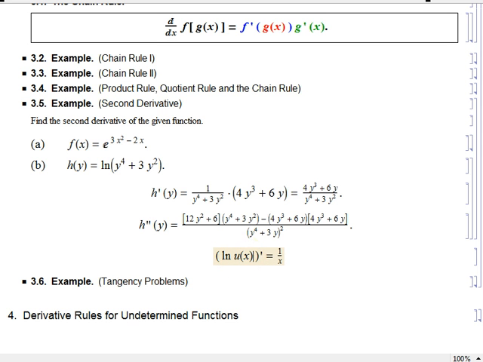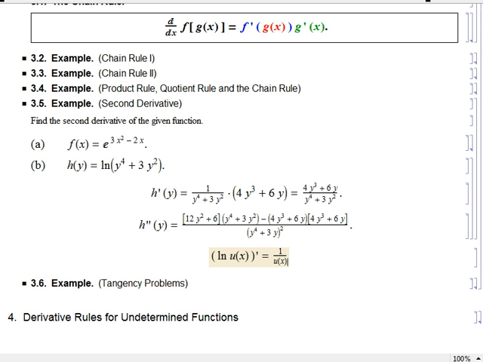If you have the derivative of log of u as a composite function, then we get 1 over u of x from the first two steps of the chain rule, the outer function, and the inner function never changes. And then if you multiply by the derivative of the inside, you're going to get u prime of x, and consequently you get u prime of x divided by u of x.